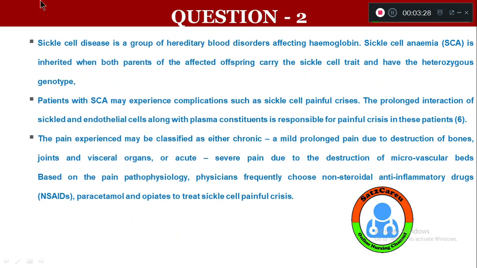The pain may be classified as either chronic, mild, prolonged pain due to destruction of bones, joints, and visceral organs, or acute, severe pain due to destruction of microvascular beds. Based on the pain pathophysiology, physicians frequently choose non-steroidal anti-inflammatory drugs, that is NSAIDs, paracetamol, and opiates to treat sickle cell painful crisis. So the priority intervention is to reduce the pain here.